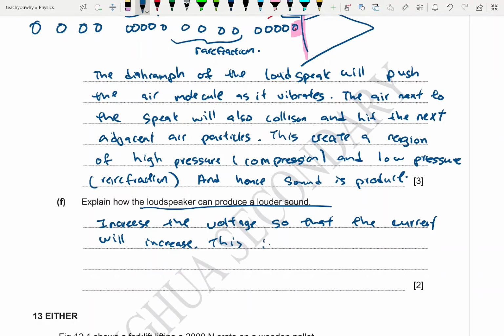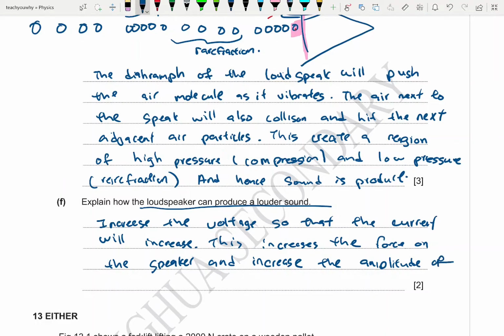This increases the force on the diaphragm, the speaker, and increases the amplitude of the air particles' vibration.